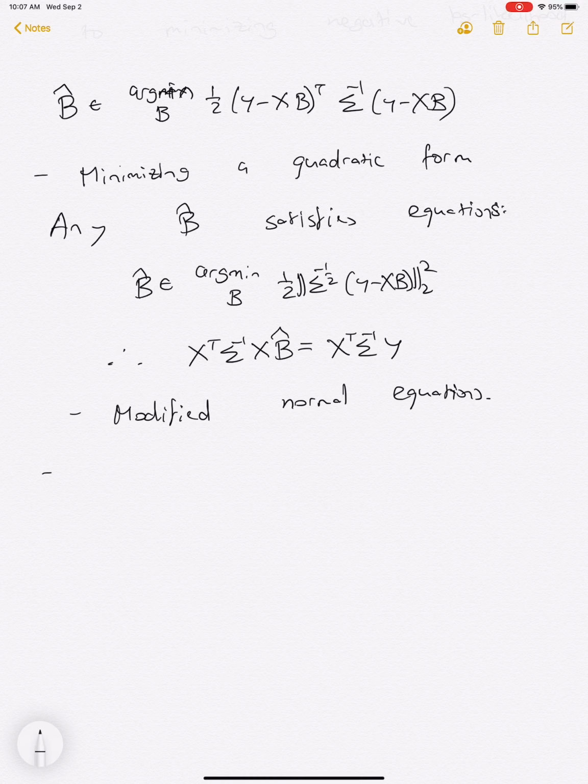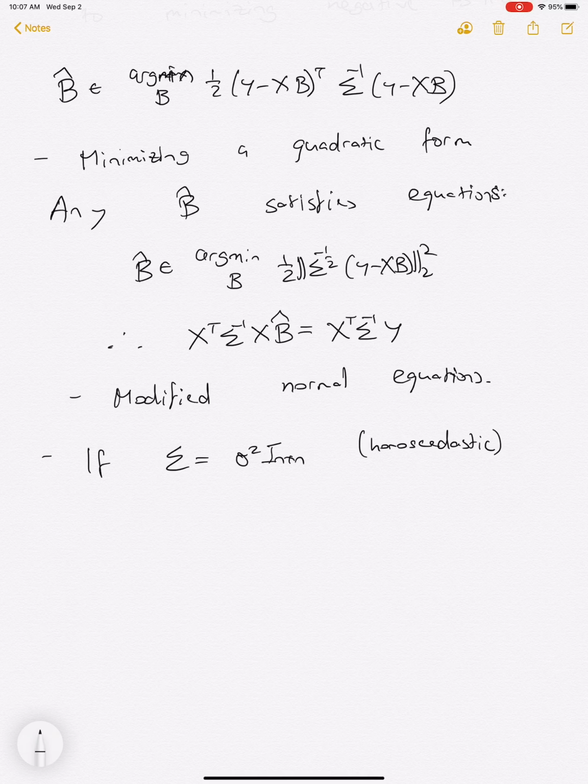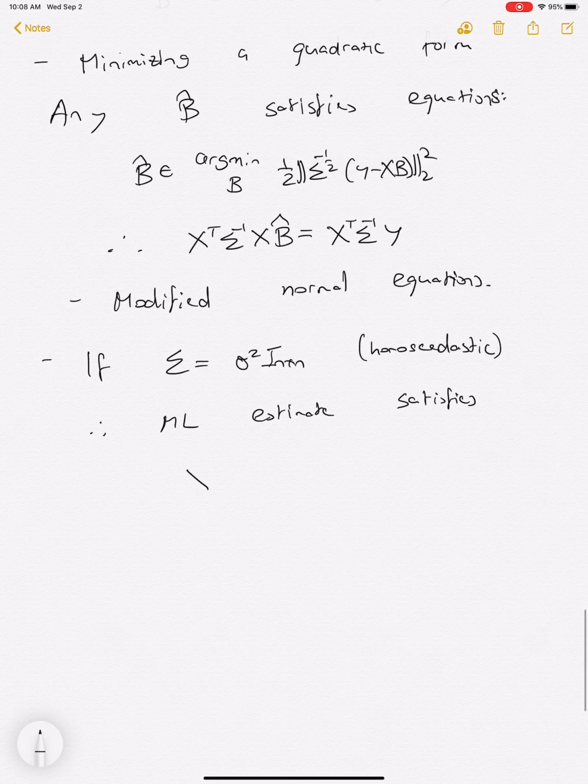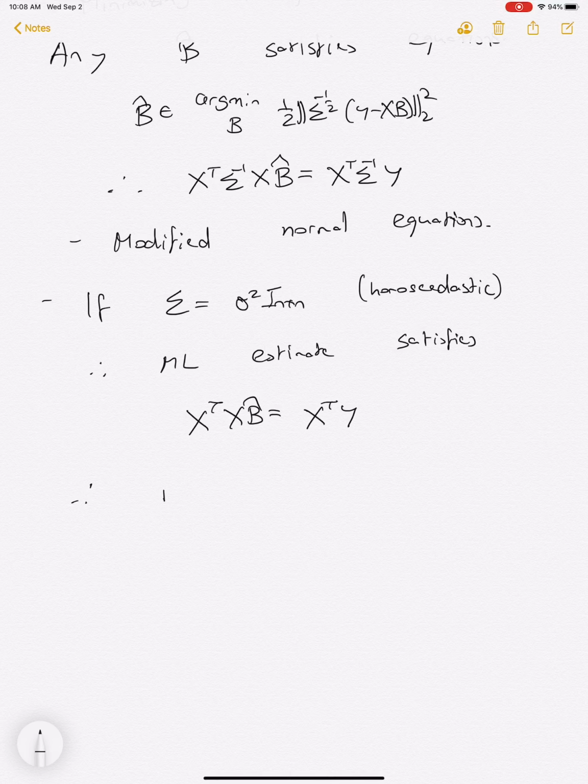So if this is the homoscedastic noise case, then you can show that the ML estimate, the maximum likelihood estimate, satisfies the normal equations.